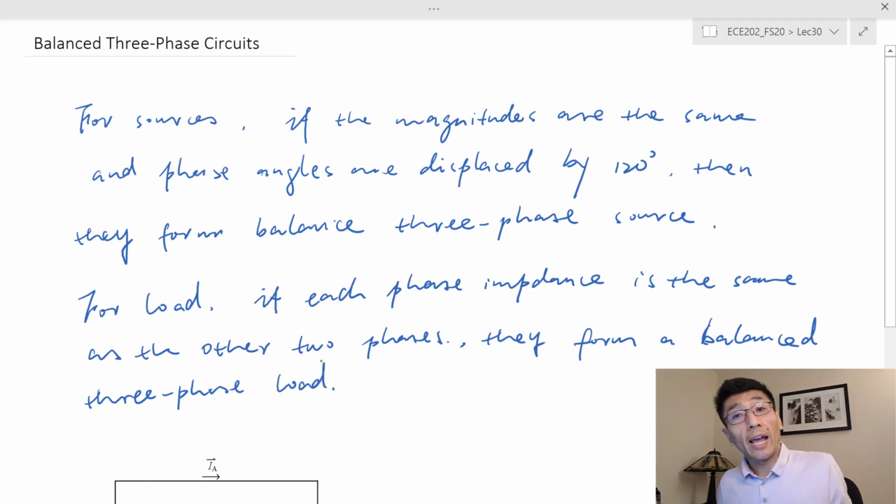So if both the source and the load are balanced, we call the three-phase circuit balanced, right?